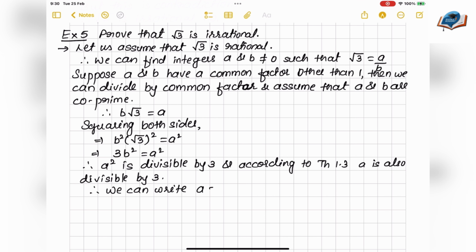I have divided both sides by 3. This means that B square is divisible by 3, and so B is also divisible by 3.